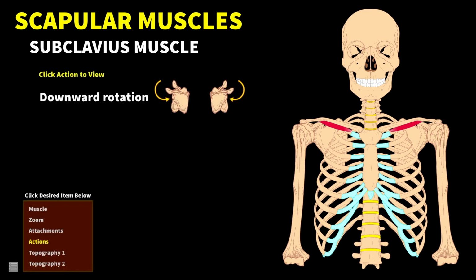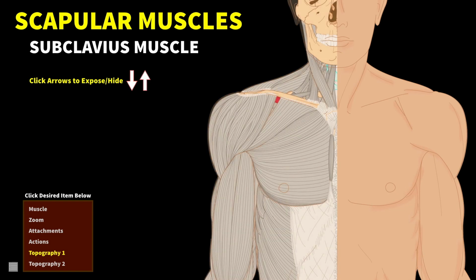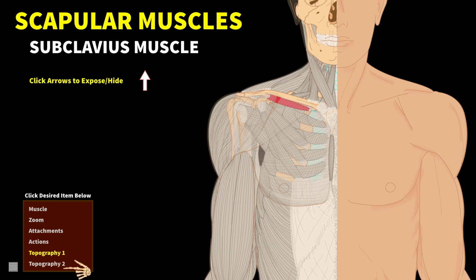Let's finish our study of the scapular muscles by viewing the topography of the subclavius muscle. To see this small, deep muscle, I have to make the skin transparent, and then the pectoralis major transparent, in order to see the subclavius. Let's check it out on a real body also.